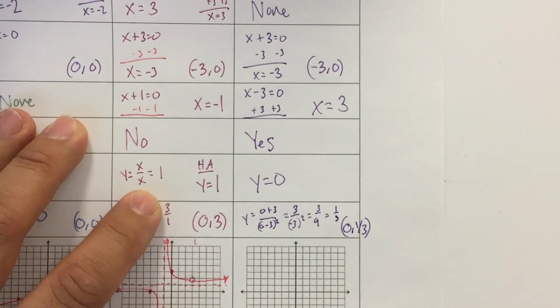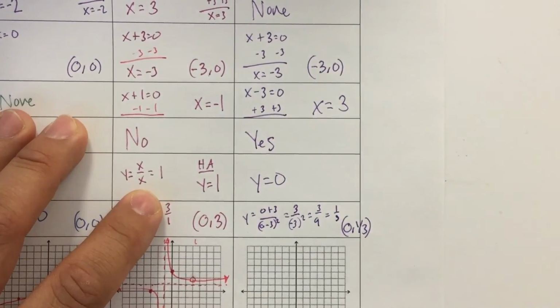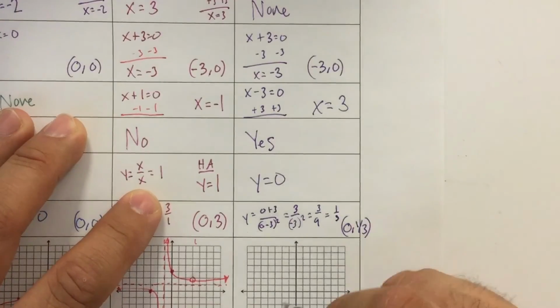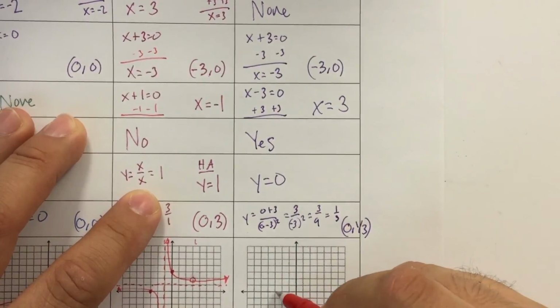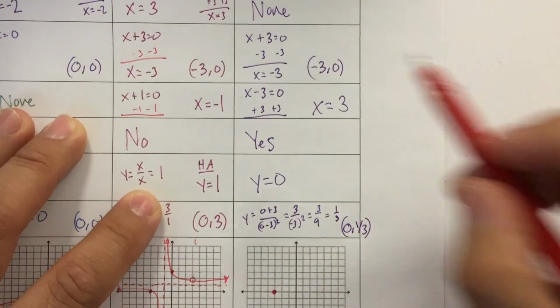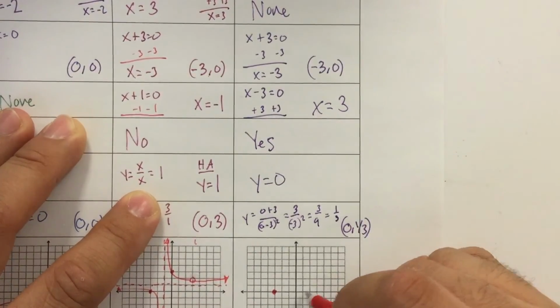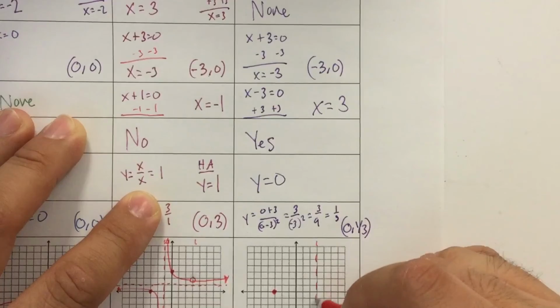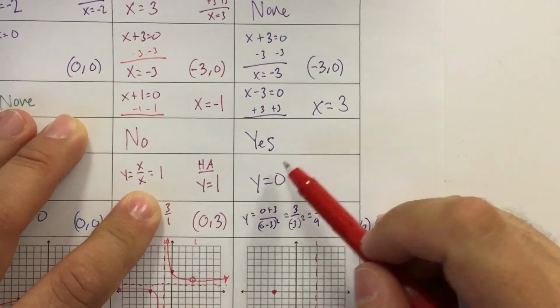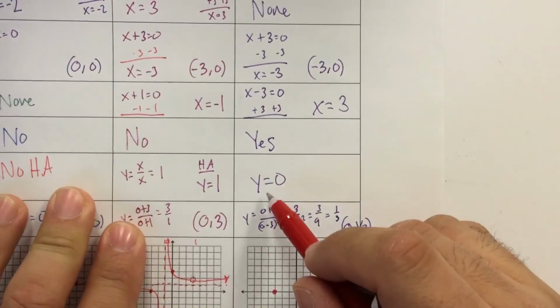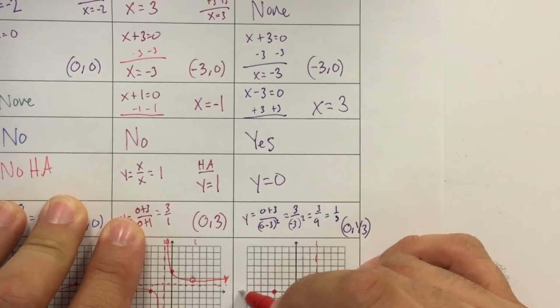Now, when I graph this, you'll see the togetherness happen. So first off, we have an x-intercept at negative 3, 0. We have an asymptote at x equals 3. Togetherness is yes. We have horizontal asymptote at y equals 0.